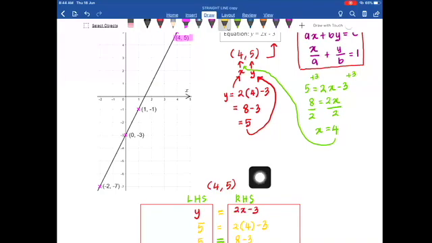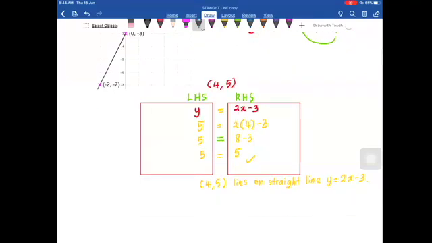Okay. So cuba kita try one point yang tidak berada di atas straight line ni. Okay, contoh Miss ambil adalah point negative 1, 0. So if I have negative 1, 0, does it satisfy Y equals to 2x minus 3? So saya punya Y is 0. 2 times negative 1 minus 3.